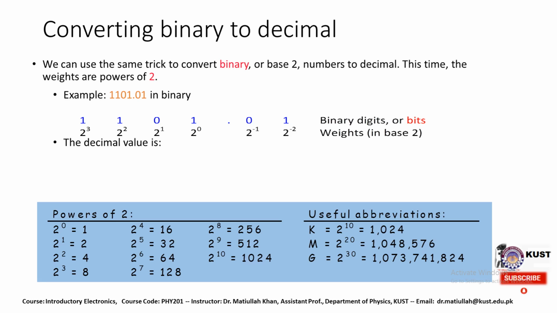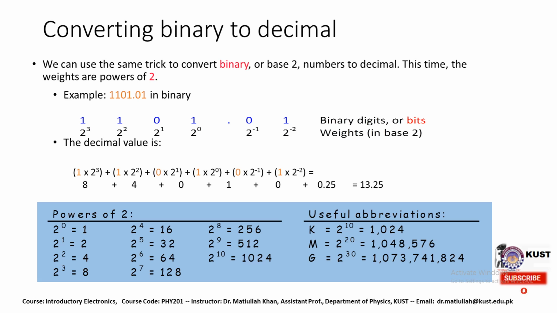So that is a simple method to convert a value from the binary number system to the decimal number system. The decimal counterpart is 13.25. So when we convert this value from binary to decimal, it will have this value.